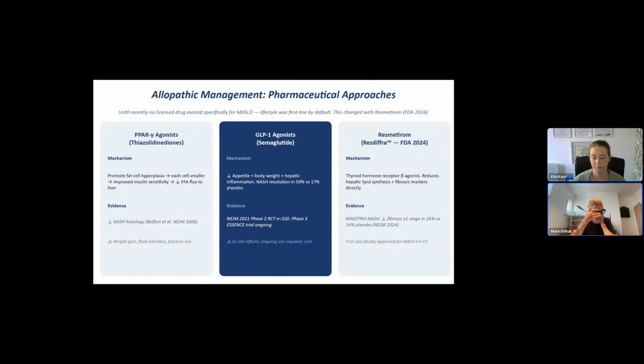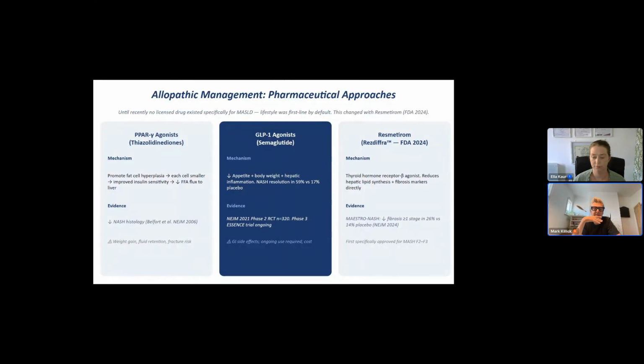They're quite new kids on the block. Originally there were no specific licensed drugs for fatty liver, and lifestyle modification was the first line, not because there was strong evidence, but because nothing else really existed.